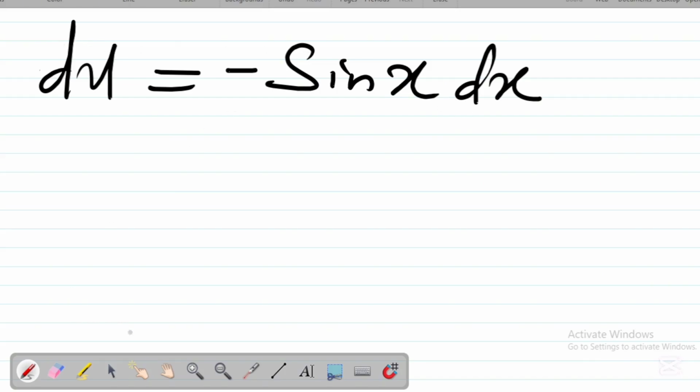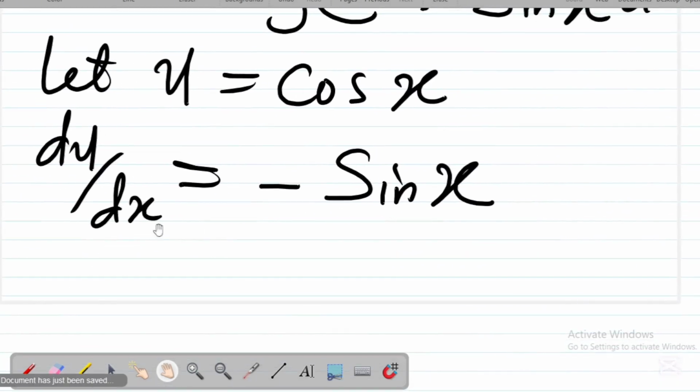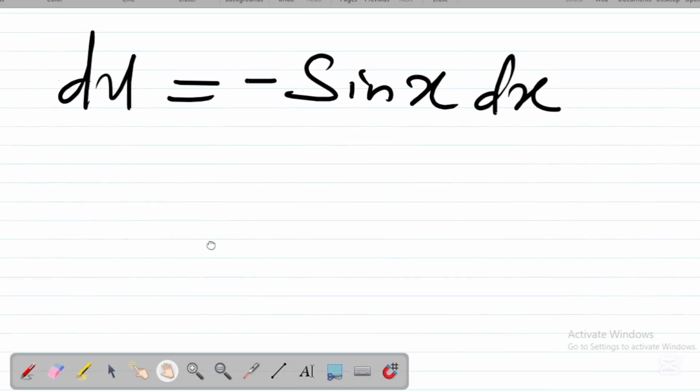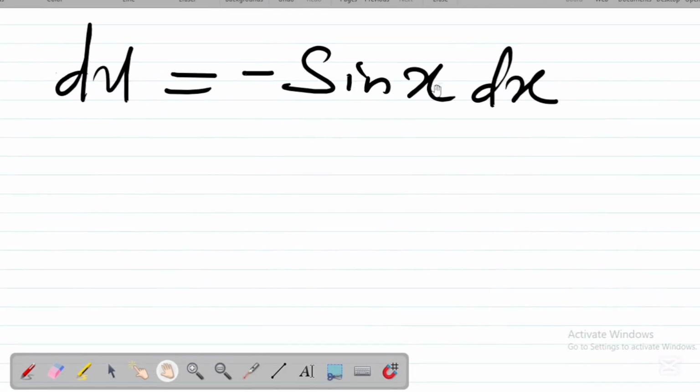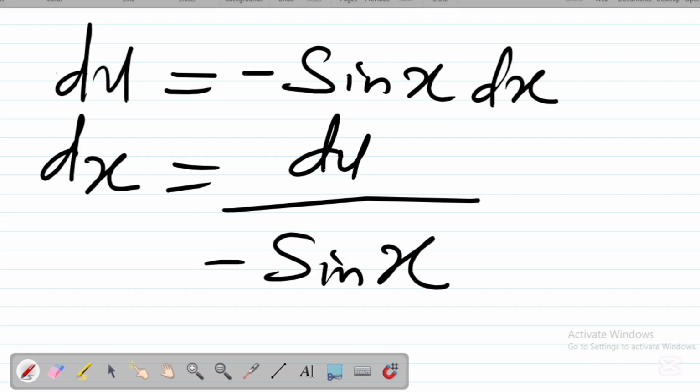If you cross multiply from here, you would have negative sine x multiplied by dx equals du. So that's why du is negative sine x dx. So now let's find dx. Dx becomes du divided by negative sine x.